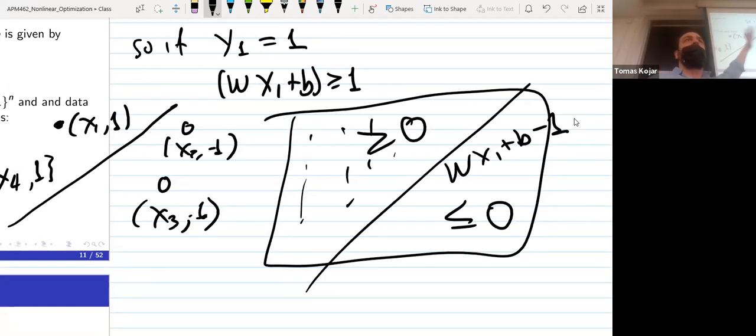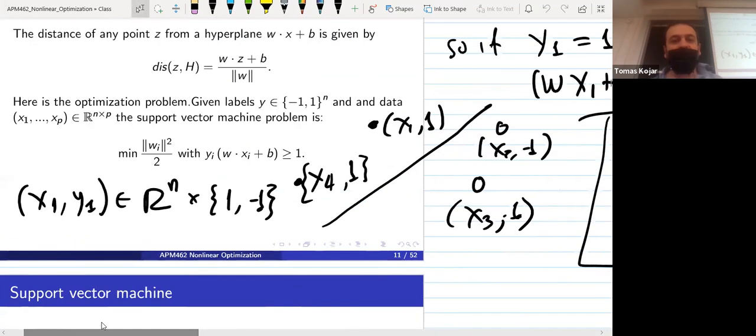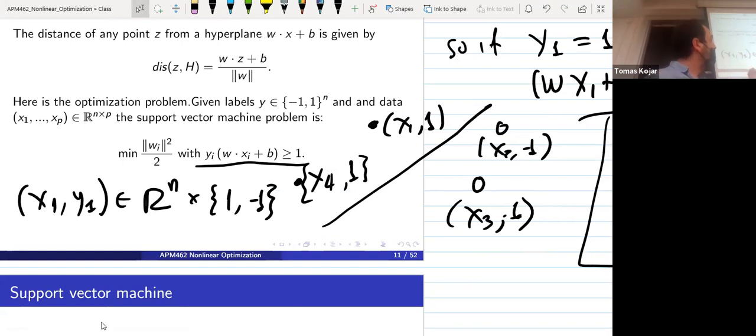Okay. All right, so this is your constraint. If you have a label that's positive, you want to be above the line, and if you have a label that's negative, you want to be below the line.